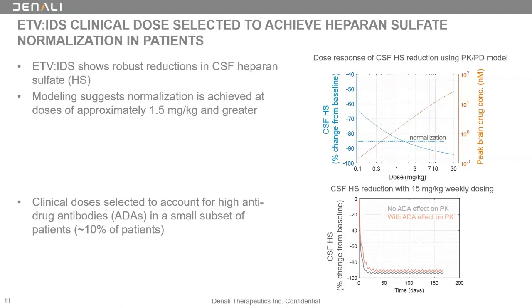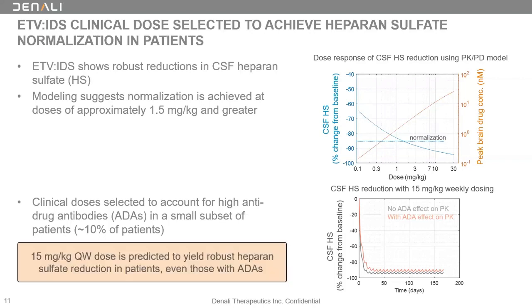But for this particular subject, even with an impact on PK because of anti-drug antibodies, the 15 mg per kg dose was effective in having reductions in the heparin sulfate. Again, in excess of 85% plus. Based on this kind of analysis, a clinical dose of 15 mg per kg was used to move forward in the clinical studies.